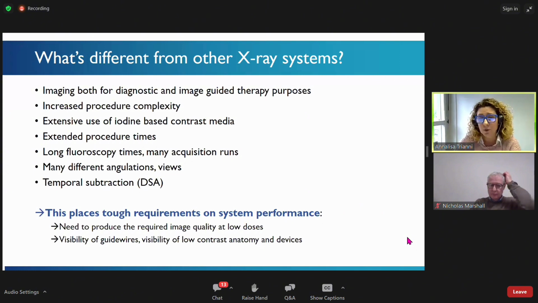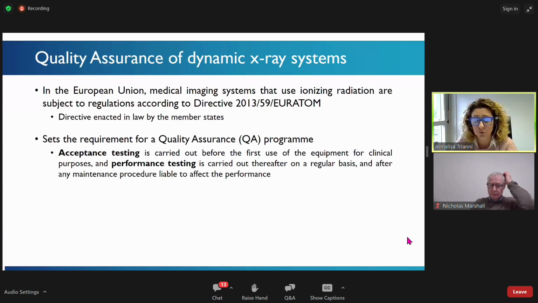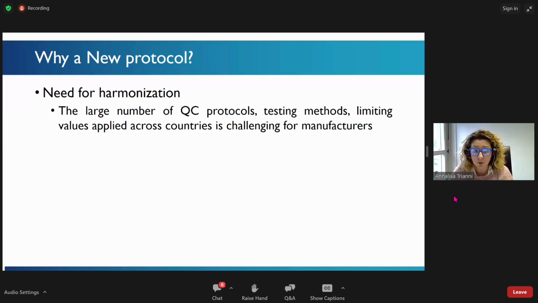Moreover, in the European Union, medical imaging systems that use ionizing radiation are subject to the European directive, which was included in the law. Also, the large number of QC protocols, testing methods, and limit values applied across countries is a challenge for the manufacturers, who, by the way, also published an IEC recently, at the end of March, including some quality assurance and quality control tests.